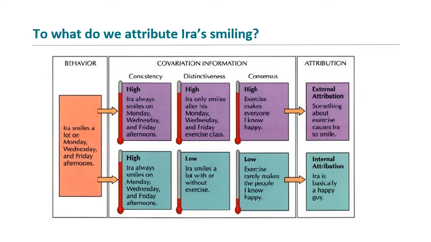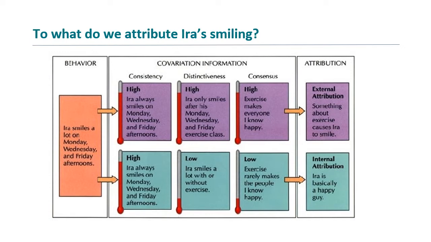So let's look at an example. Let's say that you observe a behavior. You notice that Ira smiles a lot on Monday, Wednesday, and Friday afternoons. So first off, the covariation addresses consistency. The consistency is high. In this case, Ira always smiles on these afternoons.